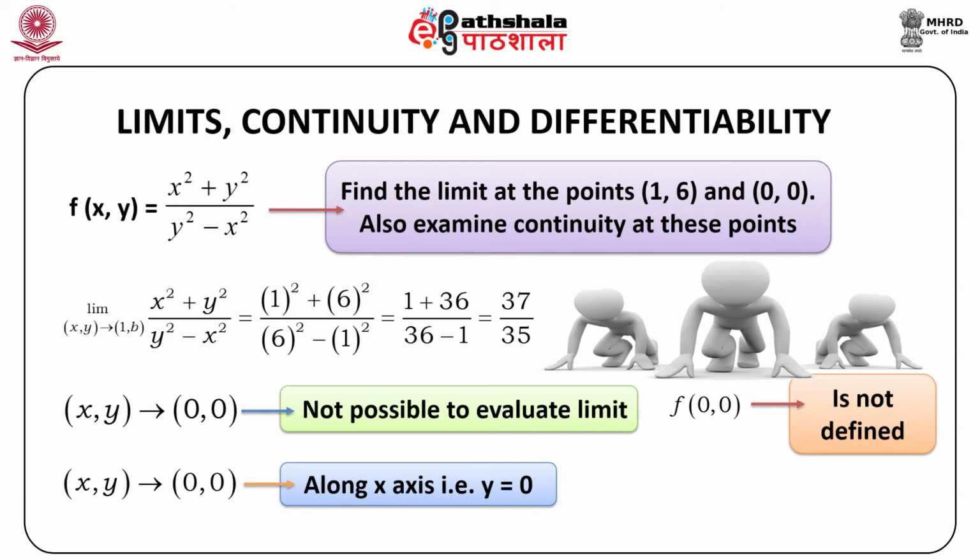Limit as (x, y) tends to (1, 6) of (x square plus y square) upon (y square minus x square) is equal to (1 square plus 6 square) upon (6 square minus 1 square), which is equal to (1 plus 36) upon (36 minus 1), which is equal to 37 upon 35.